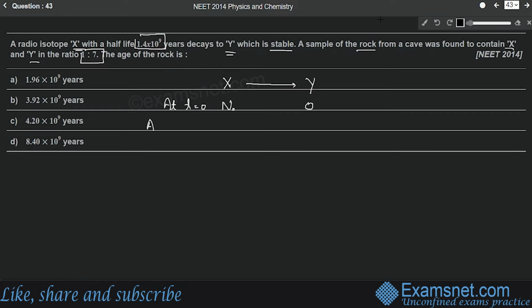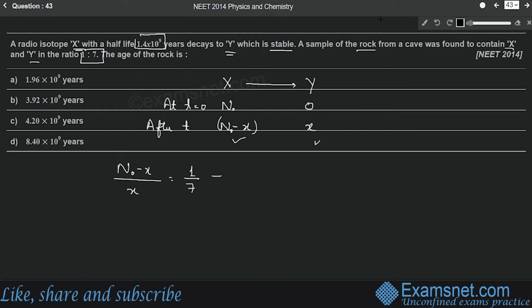Now after some time, after time t, the decay has taken place, so a certain amount of Y would have formed. Okay, so let's say x amount of Y was formed. So what is the amount of X that is left? That is initial amount n naught minus x. Now this ratio of X and Y is given in the question, 1:7. That means the ratio of n naught minus x upon x is equal to 1 by 7.